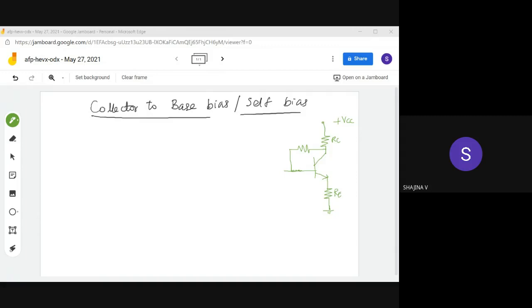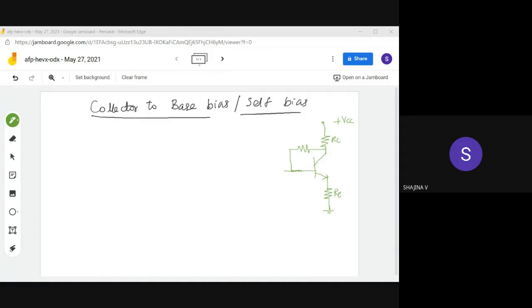This will be our VCE value, or I can approximate it as VCC minus, since IC plus IB can be written as IE, IE into RC minus IE into RE.